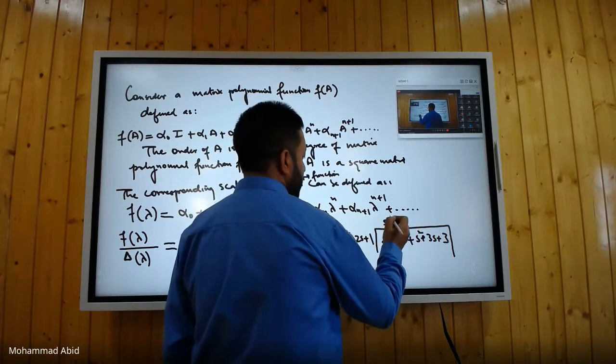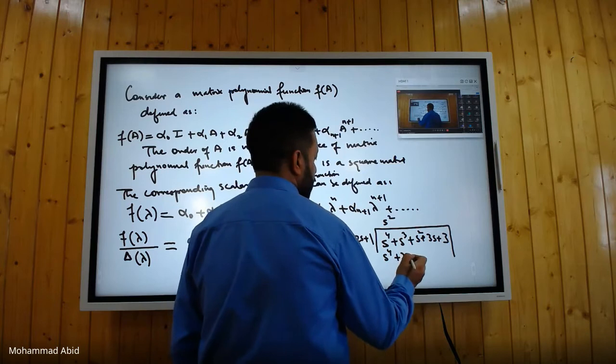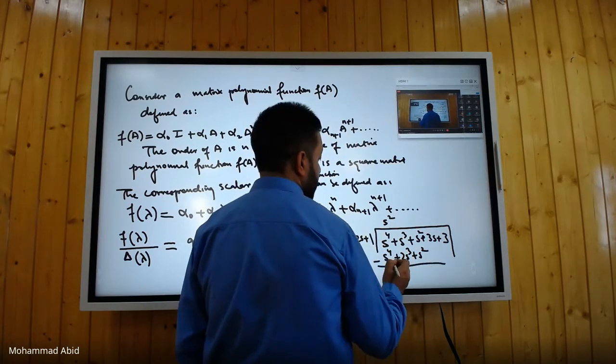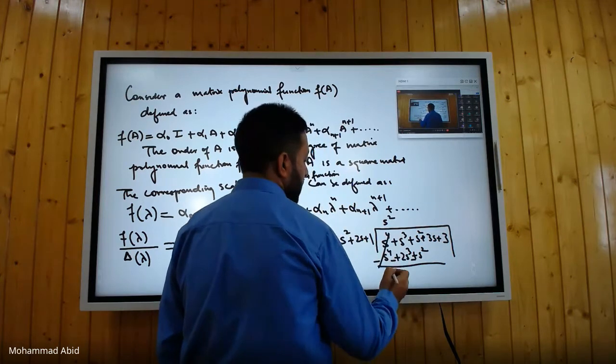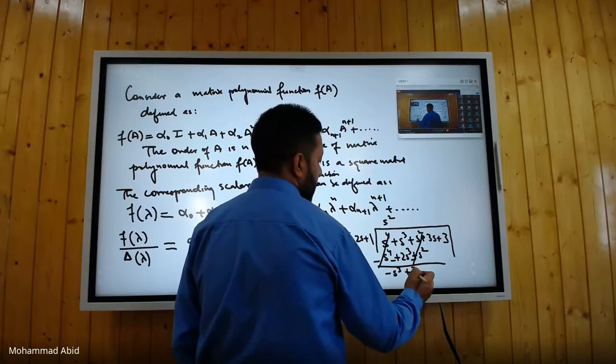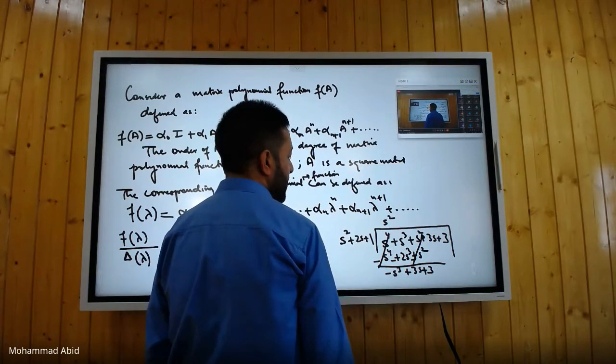I do like this, s square. So this becomes s to the power 4 plus 2s cube plus s square. This is minus, and this is minus, this and this goes. So I get minus s cube, and this also goes, plus 3s plus 3. Isn't it? I can do the multiplication once again.